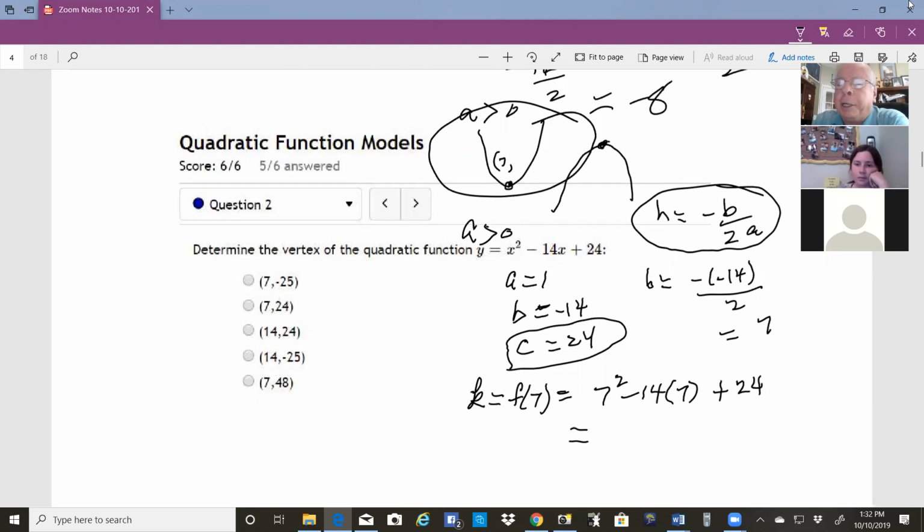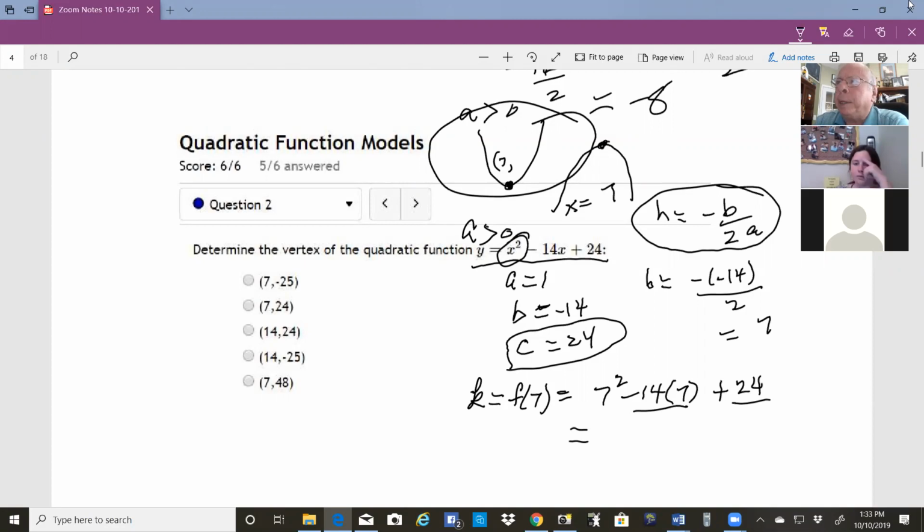That just basically gives you the x value of the vertex, either the lowest or the highest point. To find the y value, you have to plug it in to the function. Okay, so we're going to put in x equals 7, and that'll give you the y value. So you plug in x equals 7, you get 7 squared minus 14 times 7 plus 24. Okay, I got you.